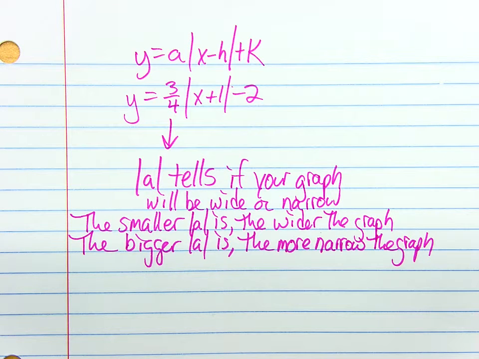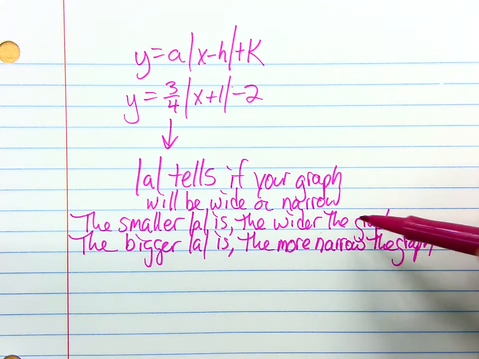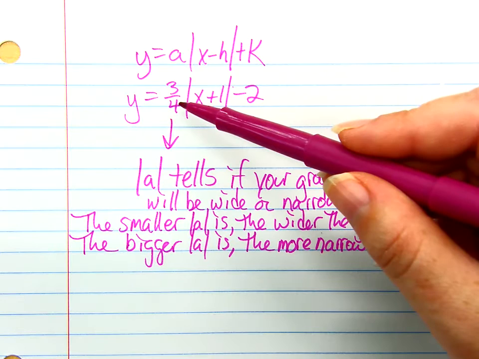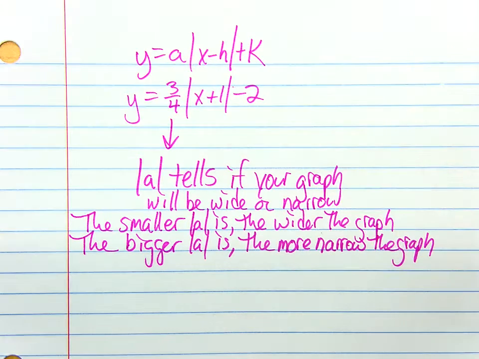Well, who's smaller, 1 or 3/4? 3/4, so that's going to be a wider graph. So when we graph this one, it's going to be wider than the ones that you were graphing on the other sheet. Does that make sense?